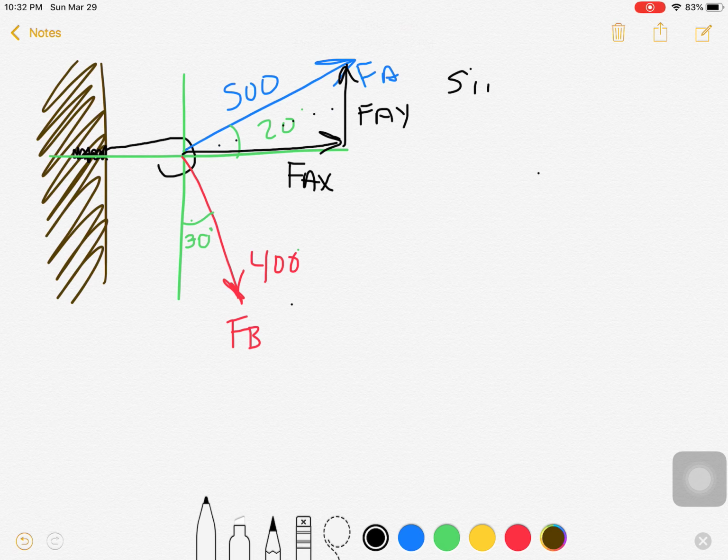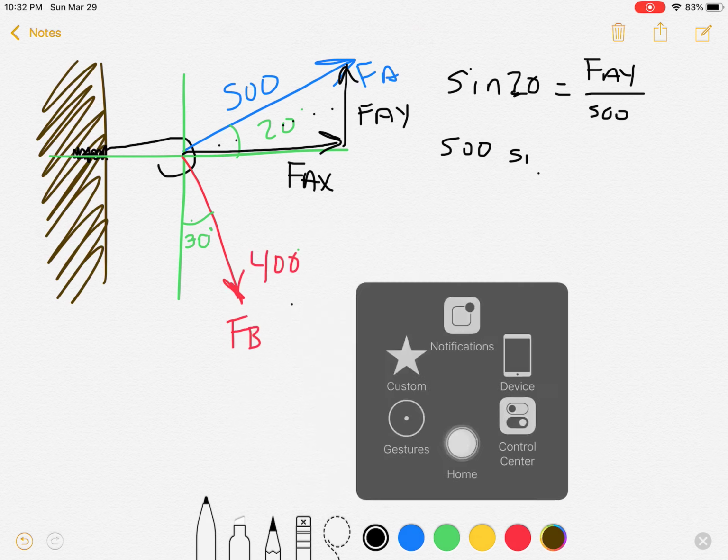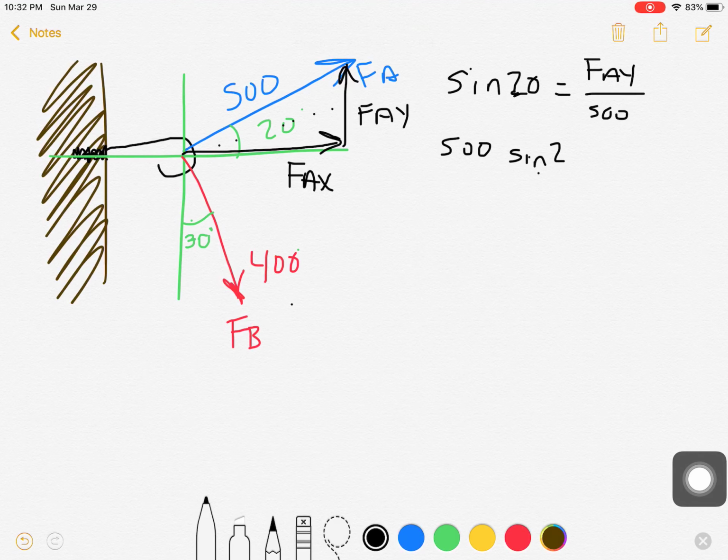So we'll say the sine of 20 equals the opposite side, which is force AY, over the hypotenuse, which is 500. So 500 times the sine of 20 equals force AY. So let's see what that is.